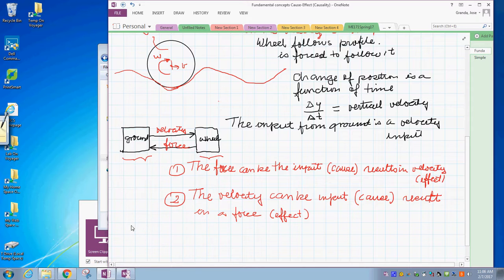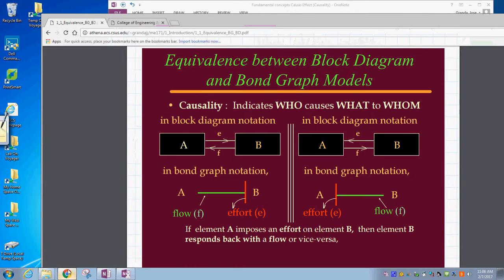So why don't we look at the more detailed example, detailed graph of what we're trying to talk about, this concept of causality, which in fact can also be used to explain the differences and similarities between expressing the system in a block diagram form, or using a new set of symbols called bond graphs.